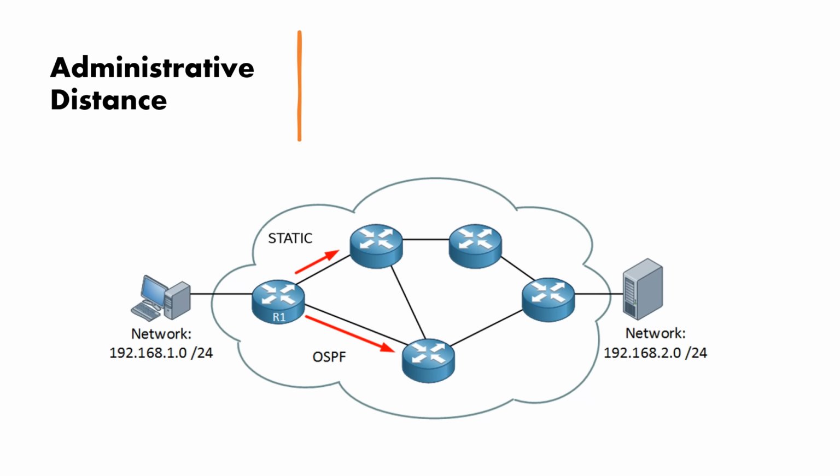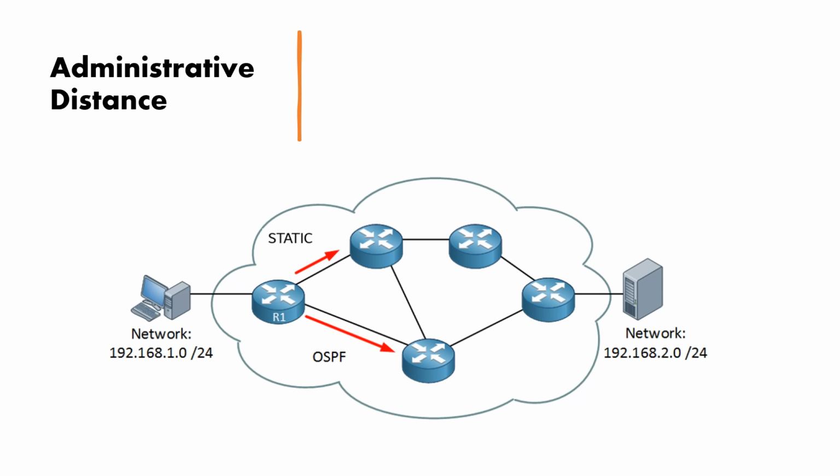Let us see the different values on the table here. For the connected source, we have AD as 0. For static route, we have AD as 1. And for other protocols such as EIGRP, these are the dynamic routing protocols, BGP, internal EIGRP, IGRP, OSPF, you can see the AD value is 110.